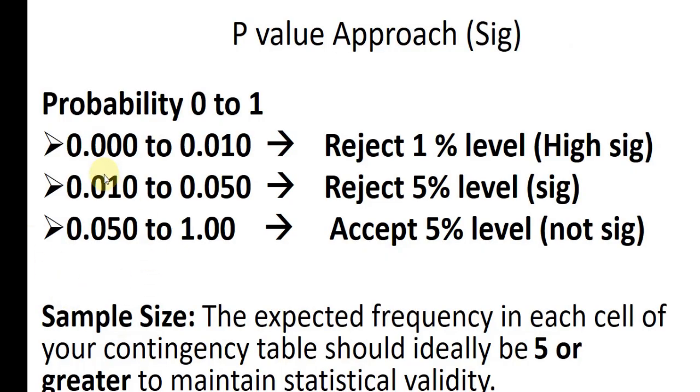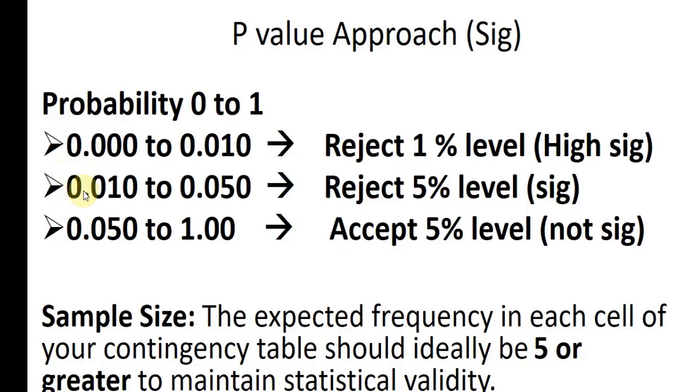Based on the p-value, that is the probability value, the null hypothesis is either accepted or rejected. If we get the p-value or significant value between 0 and 0.01, we will reject the null hypothesis at the 1% level.